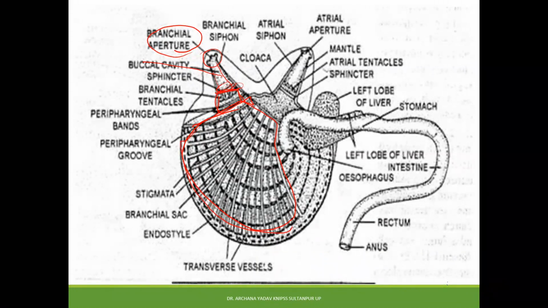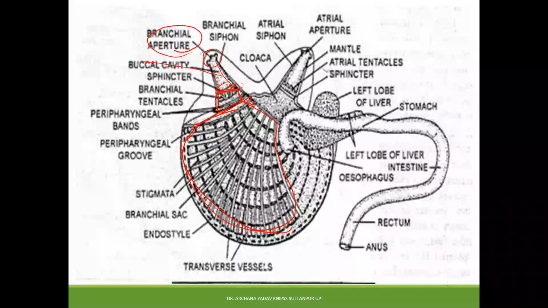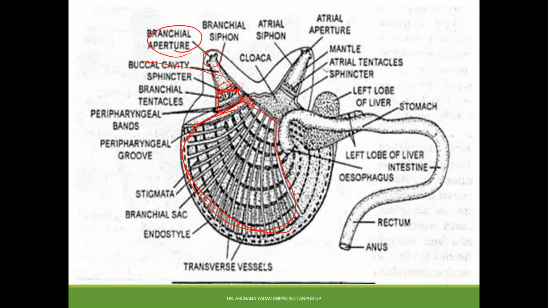The branchial tentacles are present in the prebranchial zone, which is devoid of stigmata, without folds, and without gill slits.